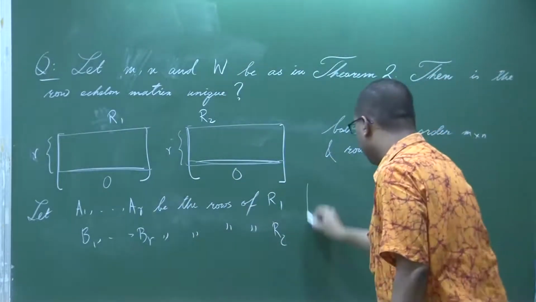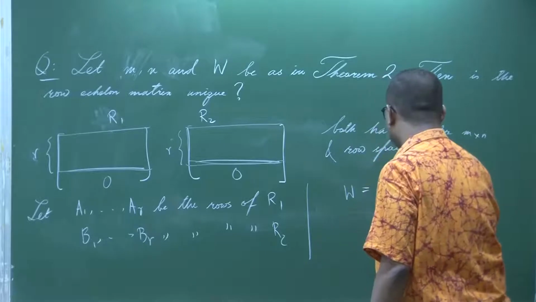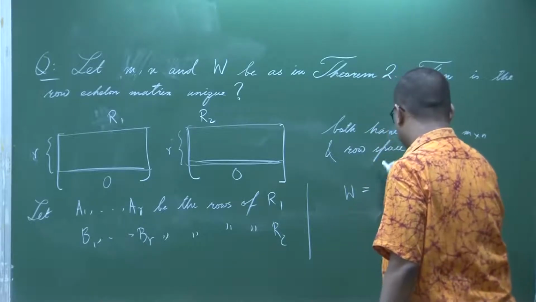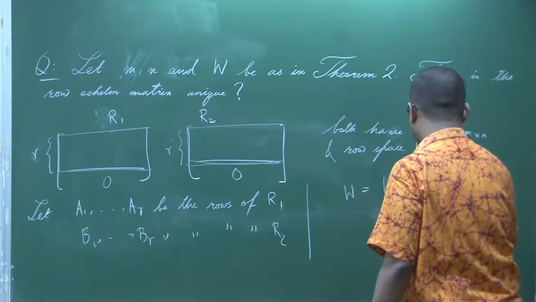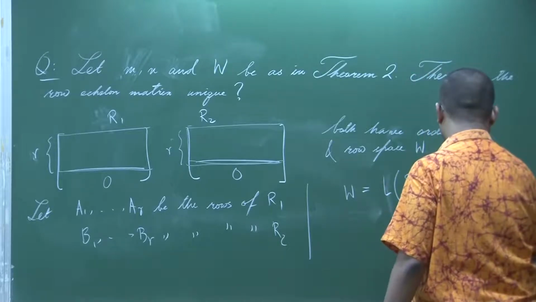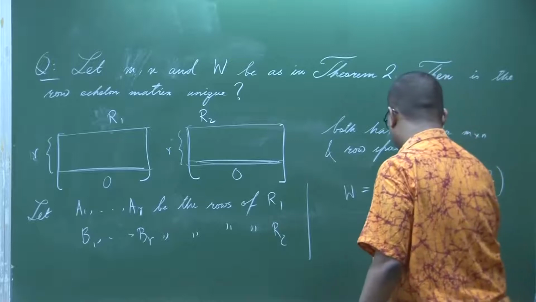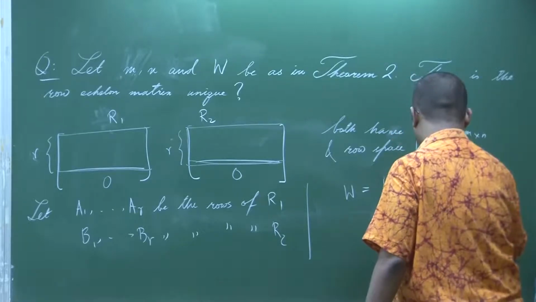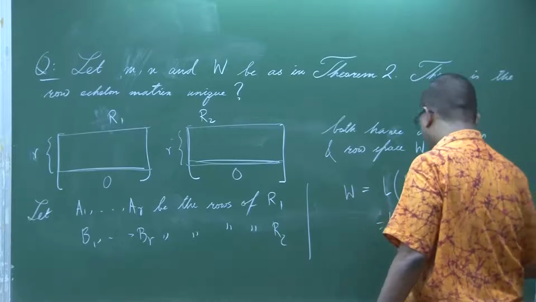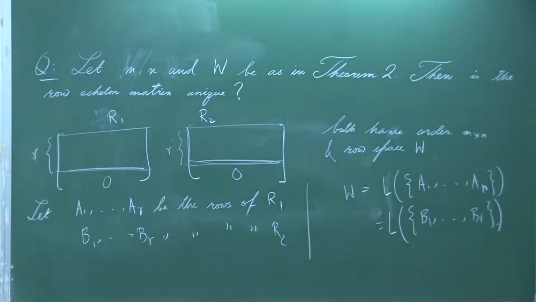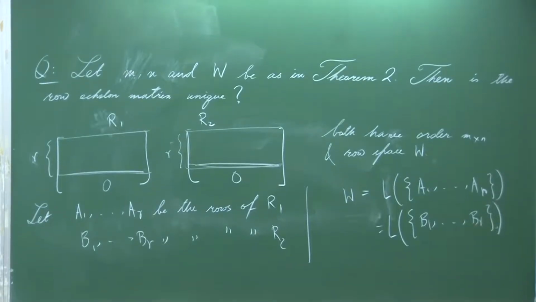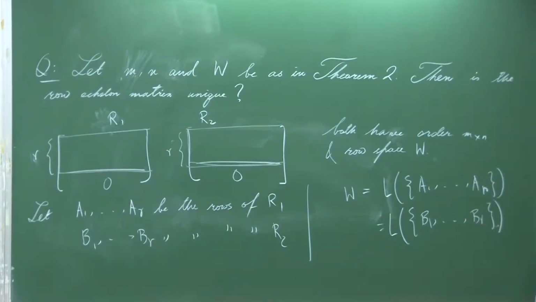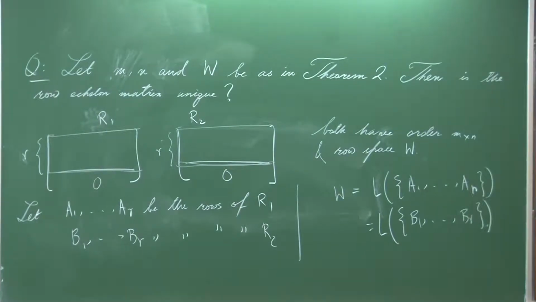Now, W is the linear span of both sets of rows. Therefore each Ai is a linear combination of the Bj's. So what does that yield us?